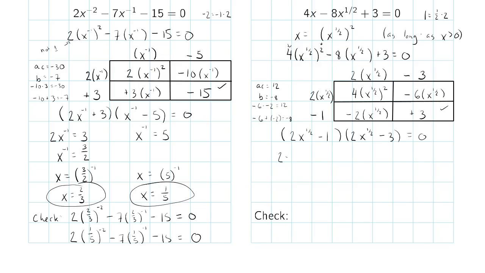So either 2x to the 1/2 is 1, or 2x to the 1/2 is 3. x to the 1/2 is 1/2, or x to the 1/2 is 3/2.